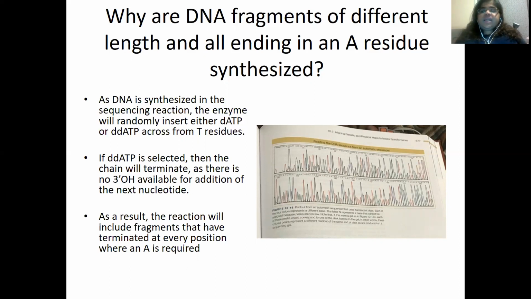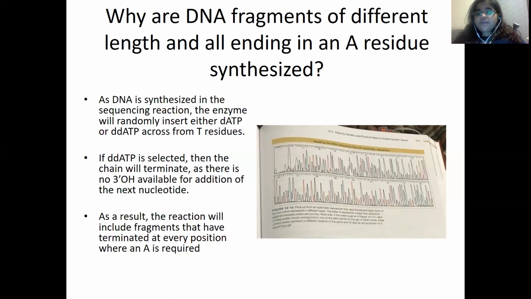I guess this question is a little bit confusing in that it didn't say which ones were used. The question had some background saying that there was only dideoxy ATP and not any of the other dideoxynucleotides.